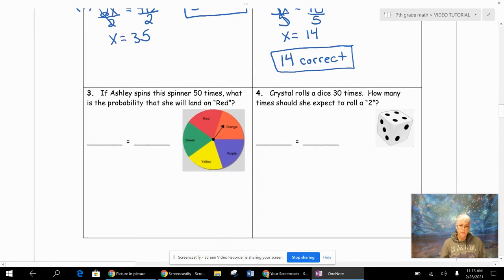If Ashley spins this spinner 50 times, what is the probability she will land on red? Okay, they didn't give us a bunch of numbers. You have to count up the different sections, the total, T for total. We have 1, 2, 3, 4, 5. There's a total of 5, and it wants red.